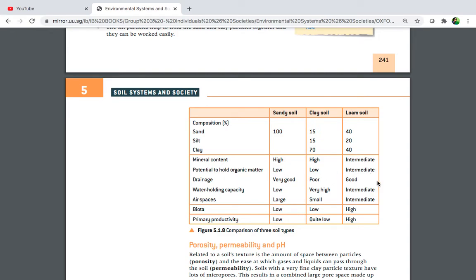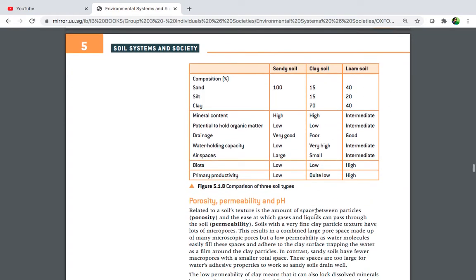Drainage poor in clay, drainage is good in loam. Water holding capacity is very high in clay soil, intermediate in loam. Air spaces are small and intermediate. Biota is low and high. Primary productivity quite low and high. So which is the best soil to have a production of plants? Loam soil. Also it is used in agriculture.